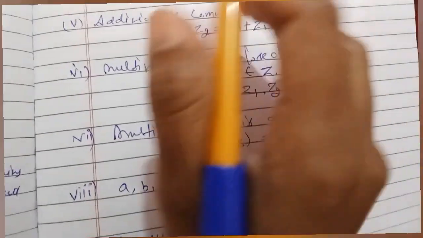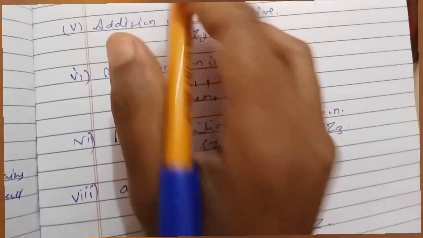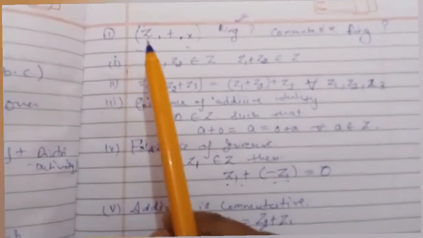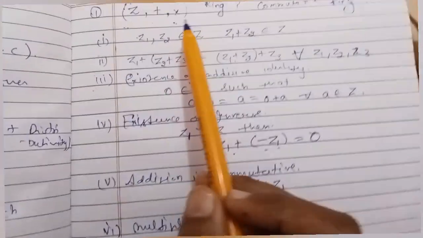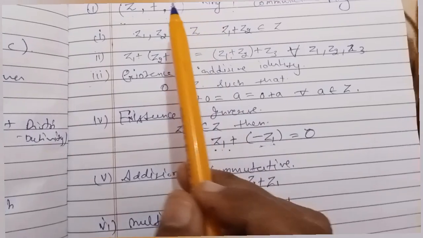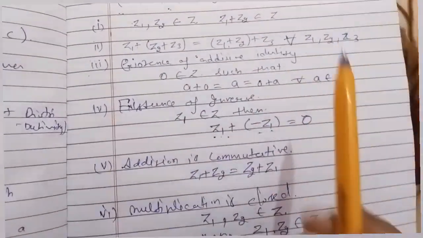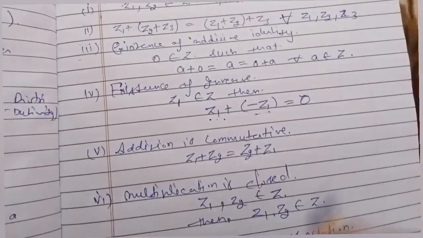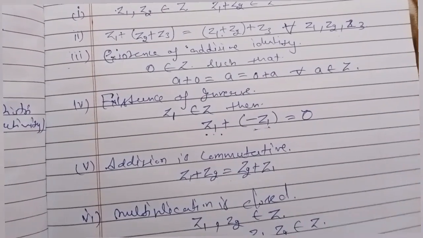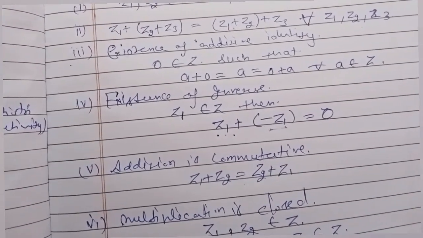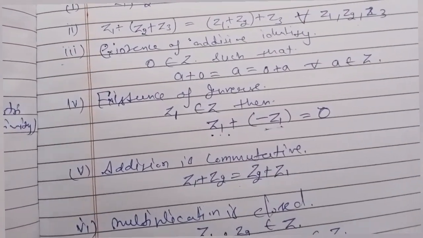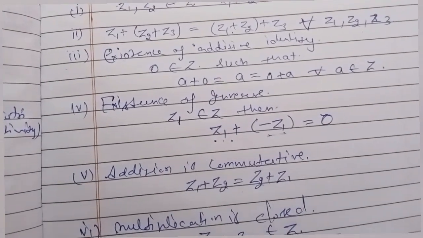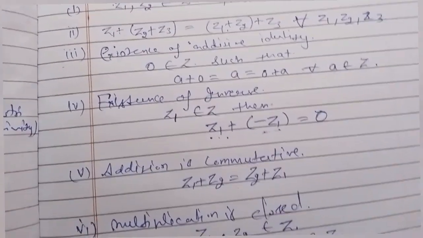Is this ring a ring with unity? Yes, we have an element, namely 1. If we multiply it with any integer, then we get the same integer.